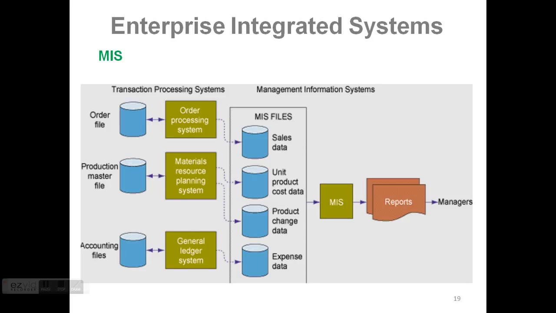Here in this image we can see an illustration of management information systems in the middle, how they bring those data together in order to provide meaningful information about the day-to-day operations of the organization, in order to make middle management operational decisions properly throughout the organization.